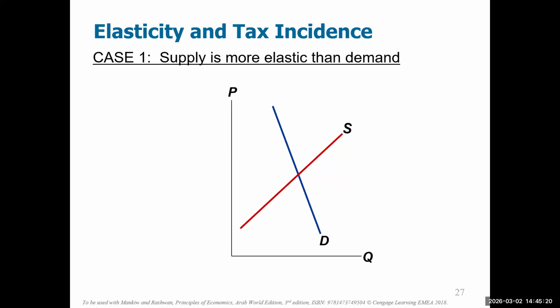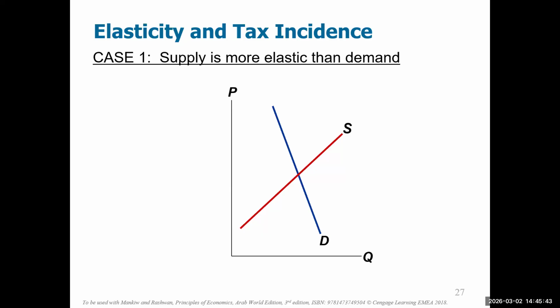So if they leave the market, who is going to remain in the market? The consumers, right? So who will bear the most burden? Consumers. Perfect. This is exactly what it is. Now, a very good example for that is medicines, okay? You all want medicine, right? Suppose the government puts a particular tax on a medicine.